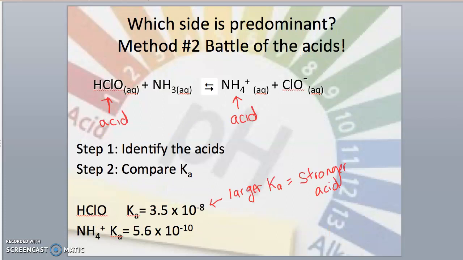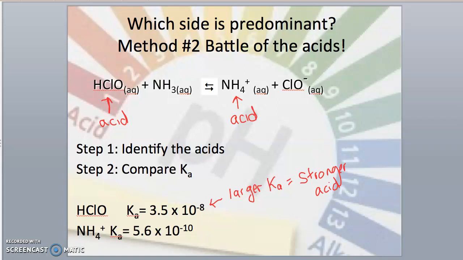Another method to determine if a weak acid or weak base reaction is reactant or product favored is to first identify the acid on the reactant side and the acid on the product side. For this example, we have HClO as the reactant acid and NH4+ as the product acid. If we compare the Ka for each, we can identify which is stronger.